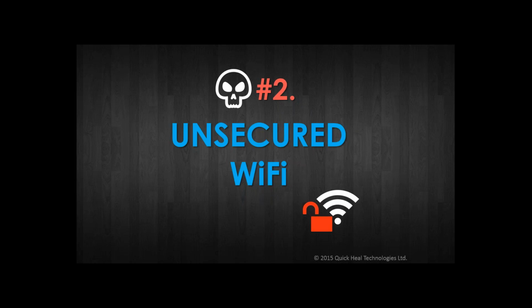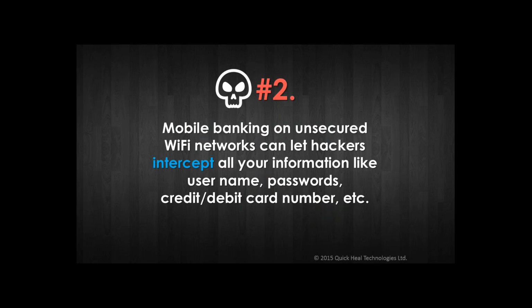Second is unsecured Wi-Fi. This is a very grave concern, and let's talk more about unsecured Wi-Fi based transactions. Every time a mobile banking customer uses unsecured wireless networks to deposit checks, pay bills or move money between their accounts, they risk falling prey to cyber crooks who can eavesdrop on their sensitive information.